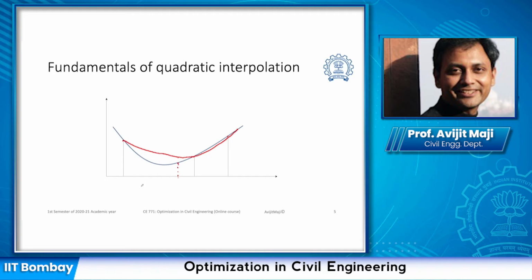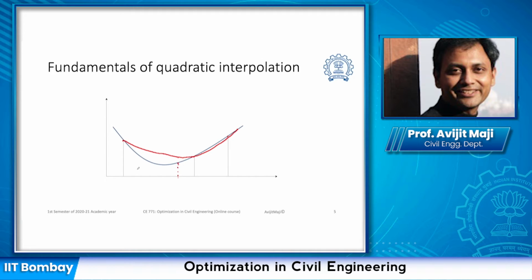Then once we eliminate one of the point, we now again have 3 points which we can use to fit a quadratic equation, and we can find the optimum solution from there, and the process goes on till we find that there is no improvement in the solution process.